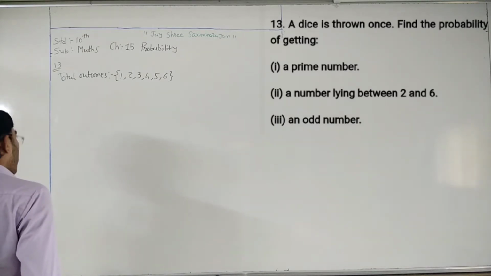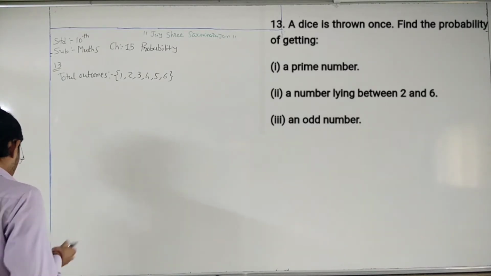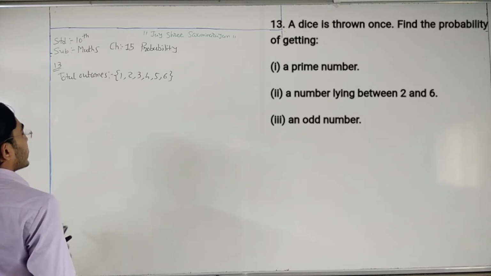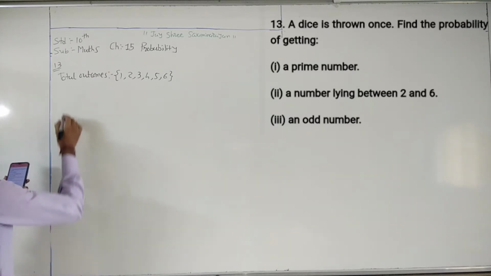Now we need to find the probability of, first one is a prime number.